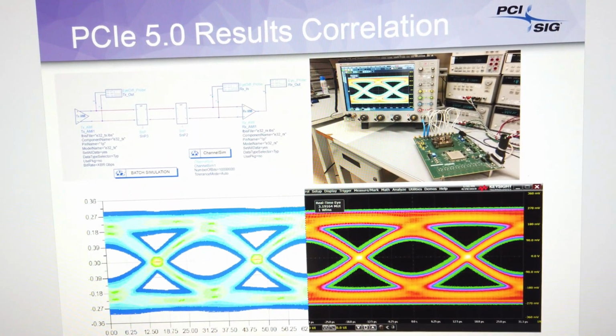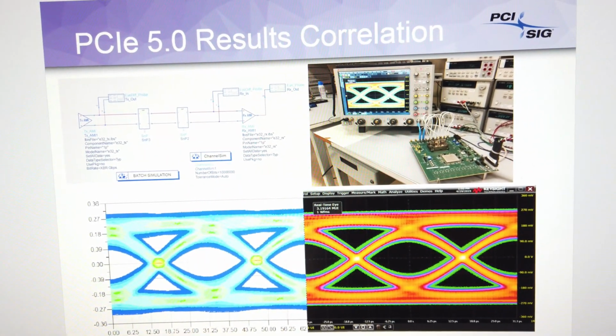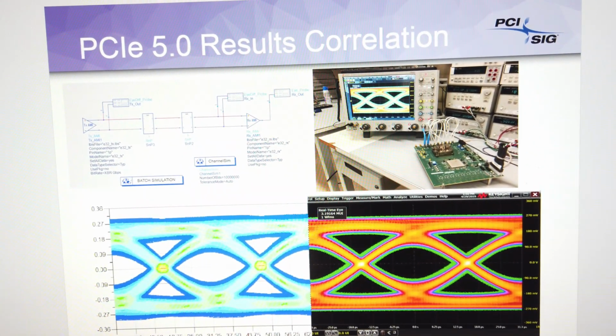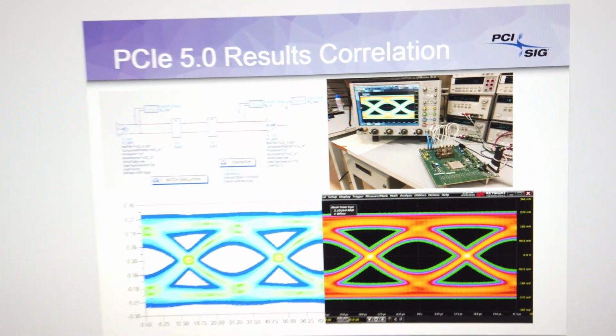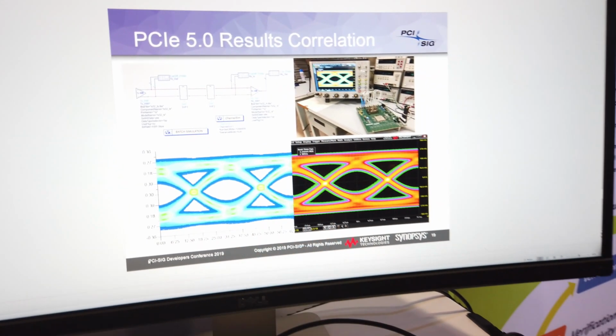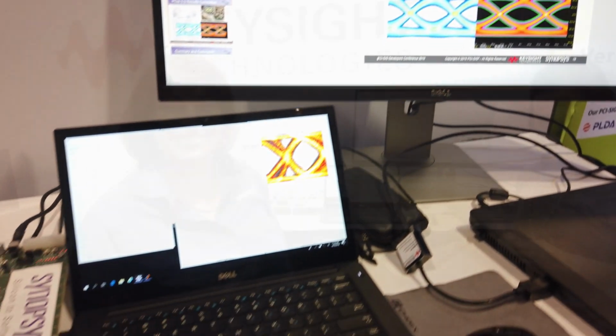What you're seeing is a screenshot of the test bench that utilizes Keysight's lab equipment scope as well as Synopsys' PHY. So with this, what we can actually see is that both in transmitter and in the receiver test, we're seeing close correlation between simulation and measurement.